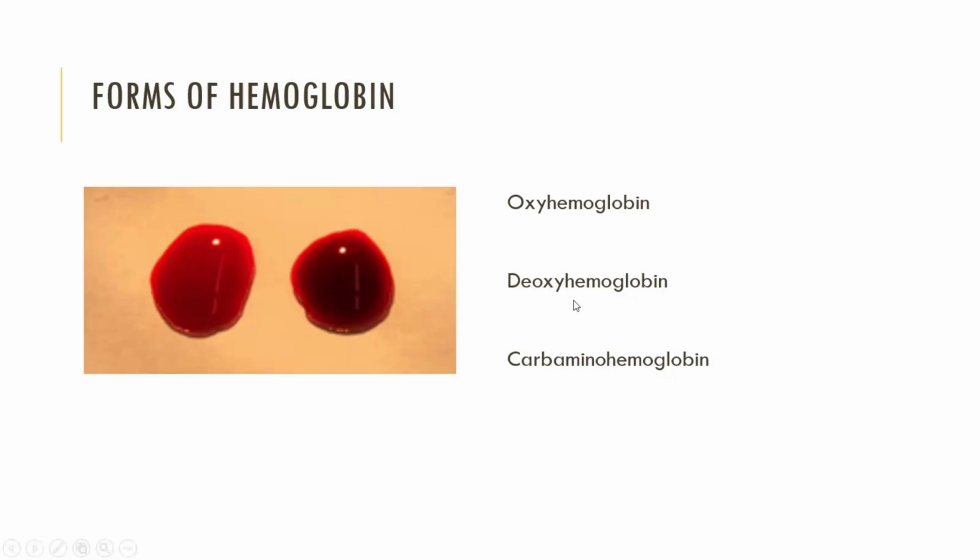To a lesser degree, hemoglobin can also bind to carbon dioxide, but it can't bind to the iron of the hemoglobin, right? So instead it binds to what we call a polypeptide chain. We're not going to really get into that chemistry piece, but just know, again, oxygen, oxyhemoglobin, without oxygen, deoxyhemoglobin, and when there is binding to carbon dioxide, we call it carbaminohemoglobin.